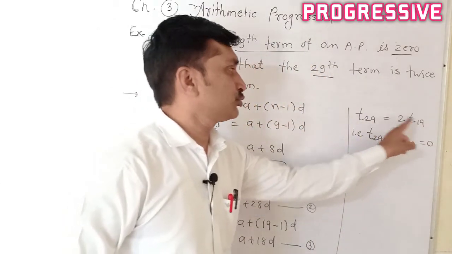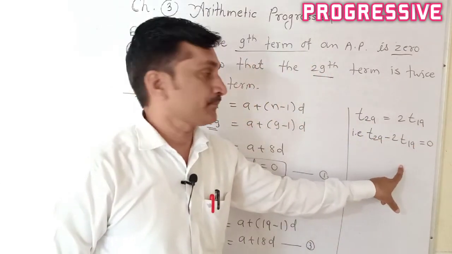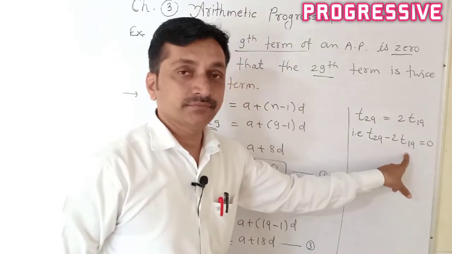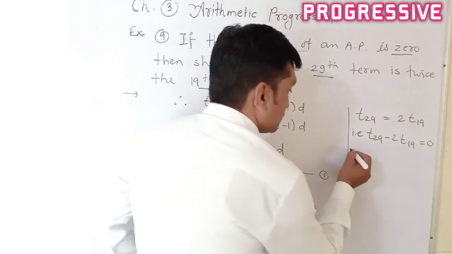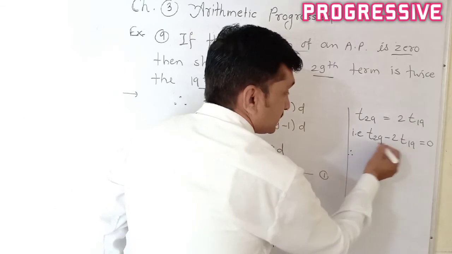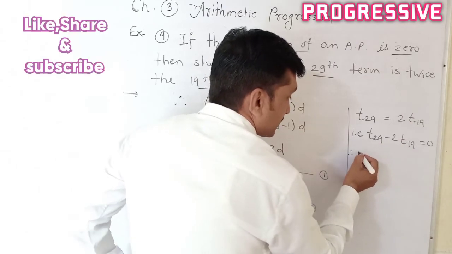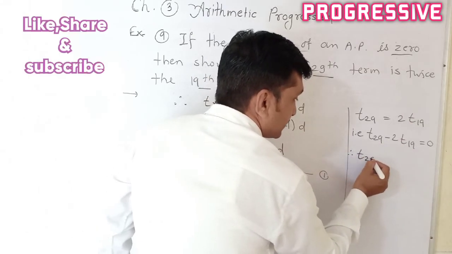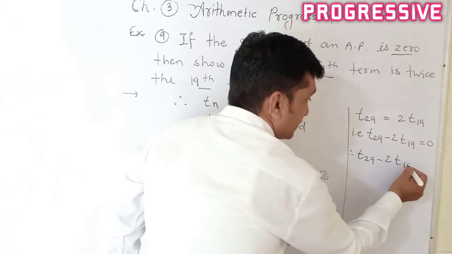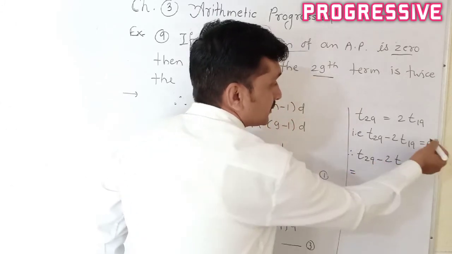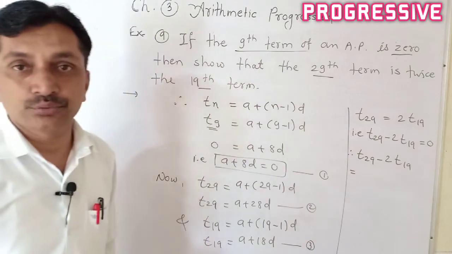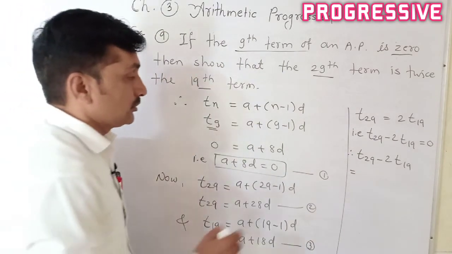It means the same. If you prove this or this, it is the same. Therefore, we will solve this LHS. T29 minus twice of T19 is equal to, let's solve this and we should get 0. Means we will prove that.